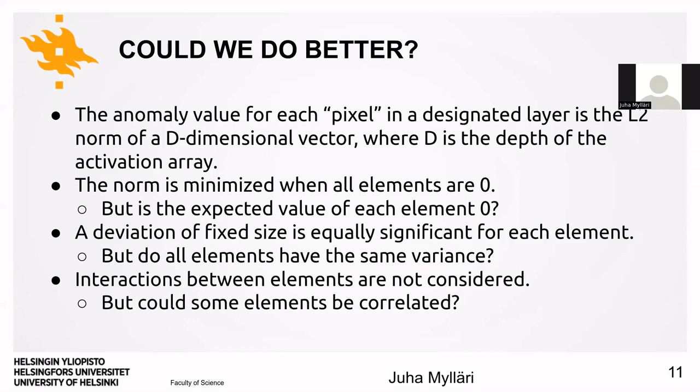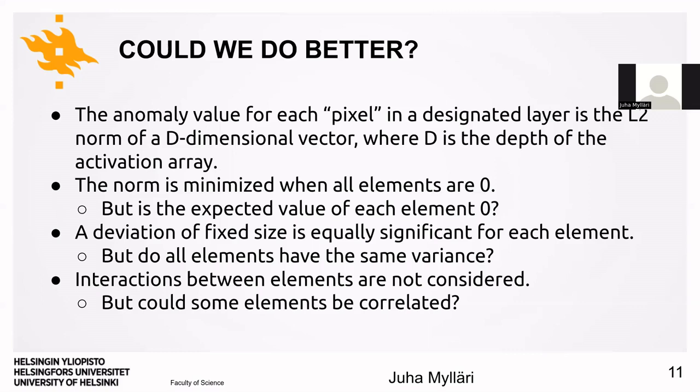Recall that in the elementary anomaly maps, the anomaly value for each pixel was calculated as the L2 norm of a d-dimensional vector, where d is the depth of the activation array. Well, so far so good. But notice that when we treat this norm of the pixel vector as the anomaly value, we are, as it were, making certain assumptions that may not be met.